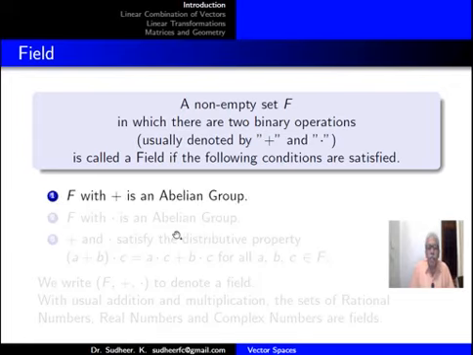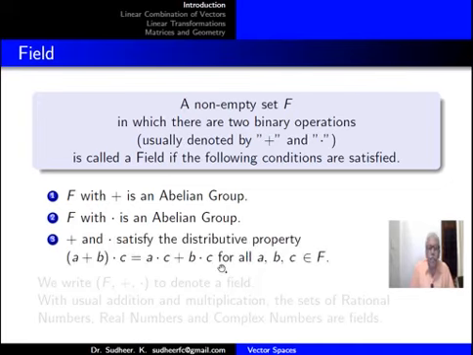F with plus is an abelian group. It's an additive abelian group. The non-zero elements of F with dot is an abelian group. It's a multiplicative group.